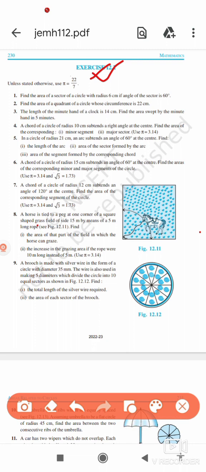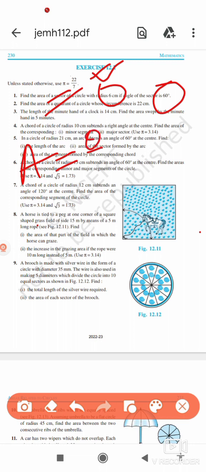So what will it be? My theta is 60 degree and my radius is 6 centimeter. So I need to find the area. So area is equal to theta by 360 into pi r square.